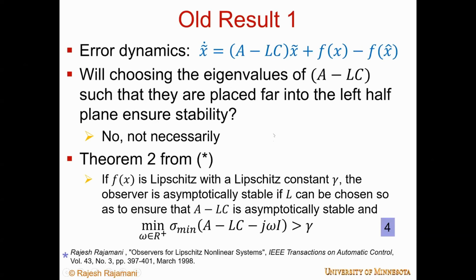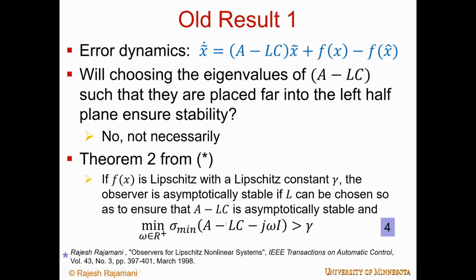And so the obvious question that comes up initially is, if I choose the eigenvalues of a minus LC such that they are placed far into the left half plane, will that make the system stable? Will that overcome the presence of f of x minus f of x hat? And the answer is no, not necessarily. It's not just a function of the locations of eigenvalues of a minus LC.